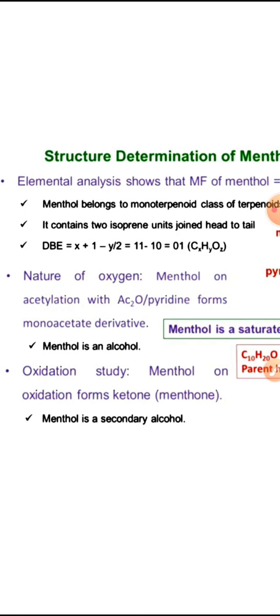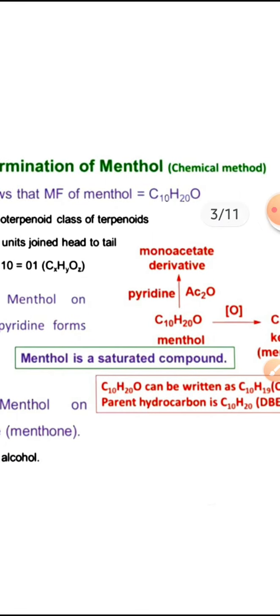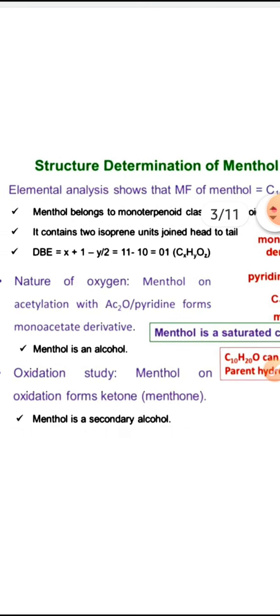Menthol on acetylation with acetic anhydride and pyridine forms a monoacetate derivative. Therefore, menthol is an alcohol, and it also shows red color with ceric ammonium nitrate, which shows that it contains an OH group. That is, menthol is an alcohol.